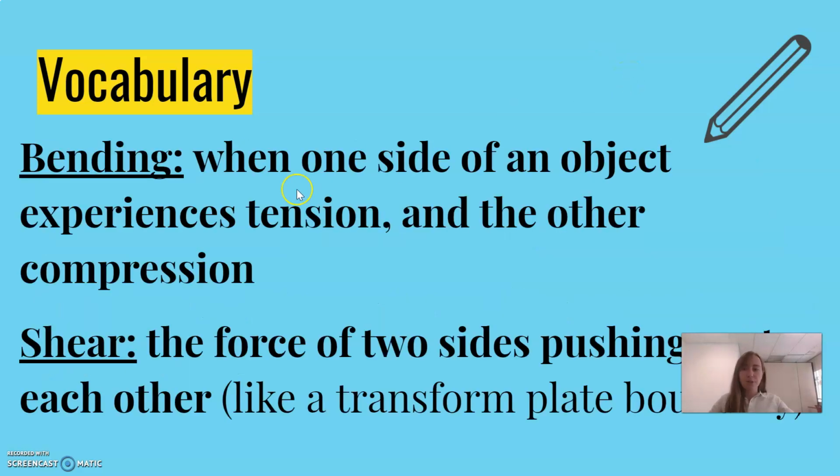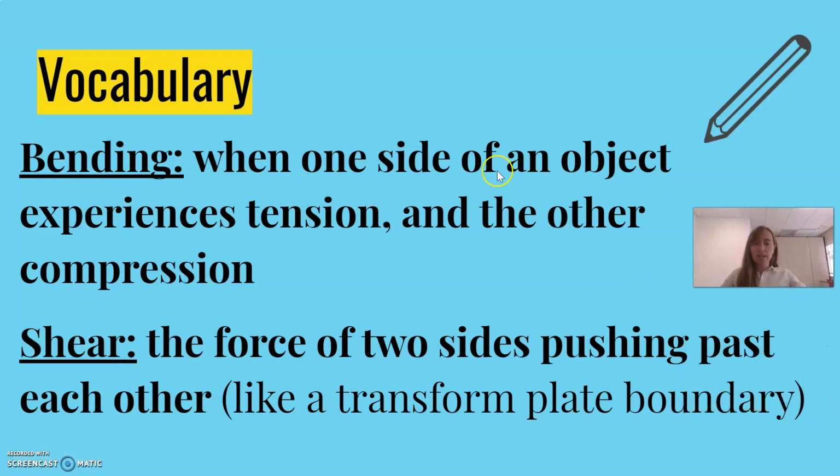All right, and the last 2 forces are bending and shear. Bending is when one side of an object experiences tension and the other experiences compression. So this doesn't matter too much for something like paper, which is really flexible, but let's imagine that this is a board, which is much less flexible.